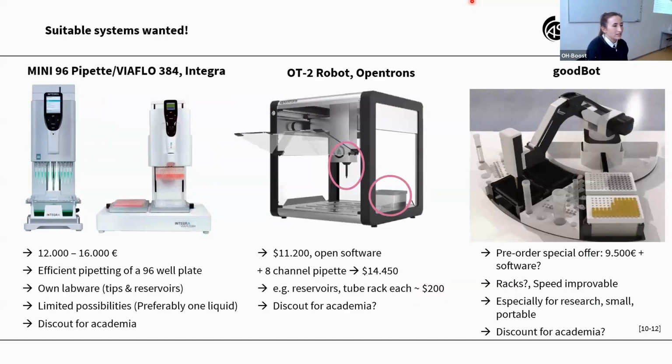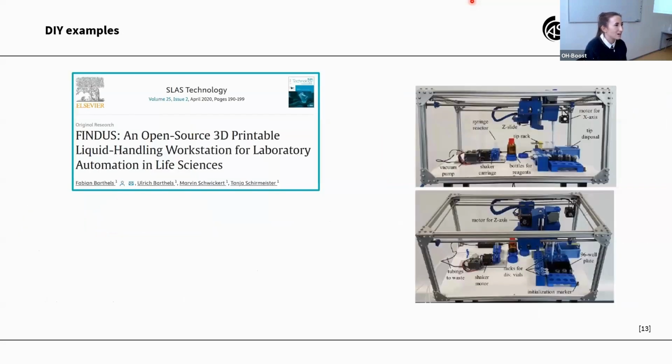So, what researchers do, and this is what I want to show you, is DIY lab automation, because the systems that are offered are not very suitable for every case you need, and that's why they do their own laboratory automation. Here, for example, you can see Findus, an open source 3D printable liquid handling workstation for laboratory automation in life science.